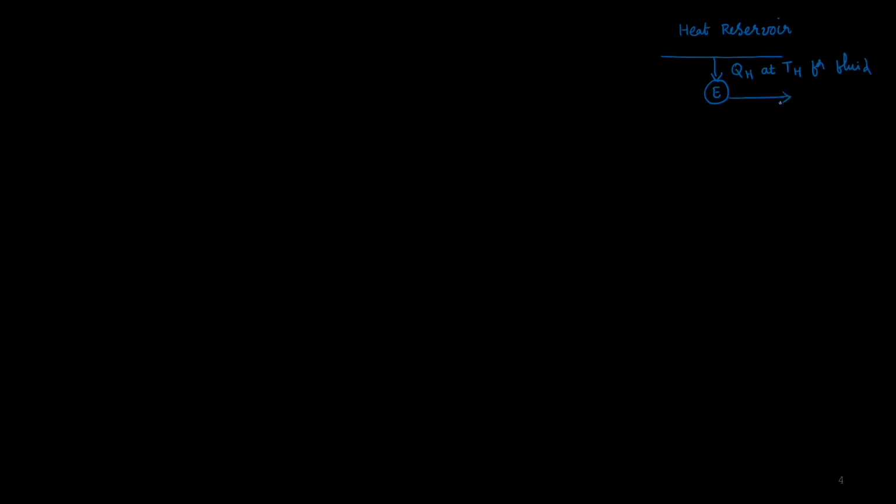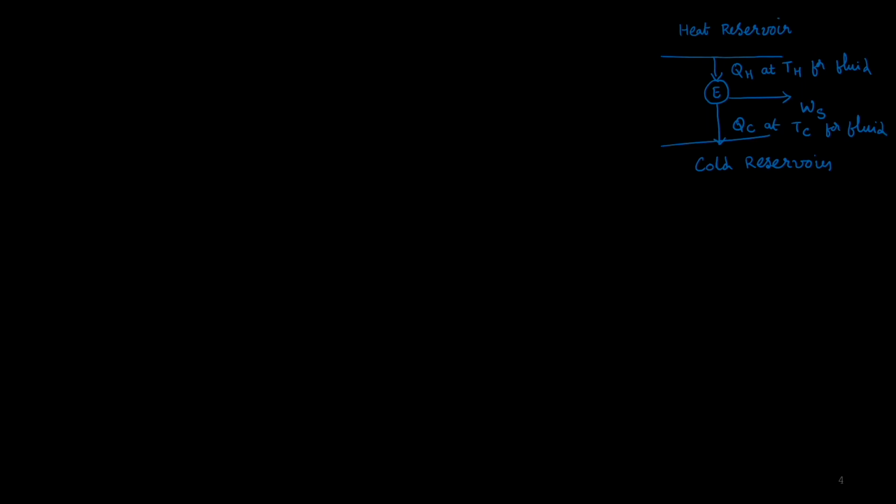It then produces some work, Ws, and after that point, it rejects some amount of heat QC at a temperature of Tc for the fluid, right, to the cold reservoir.